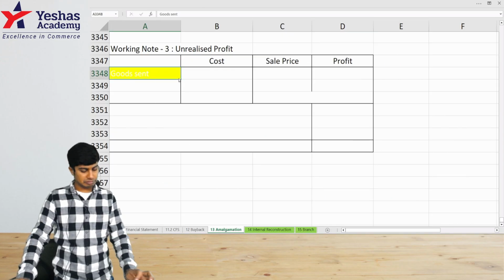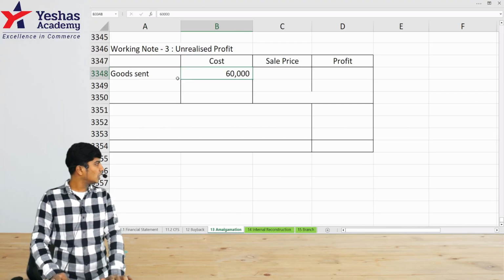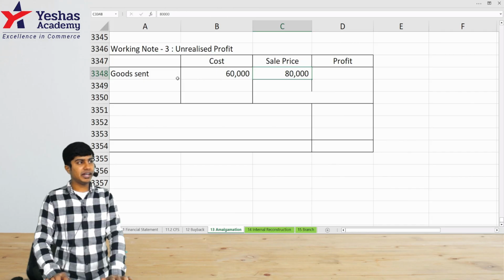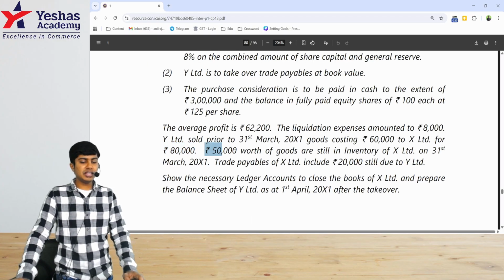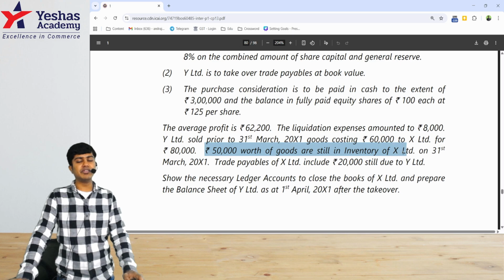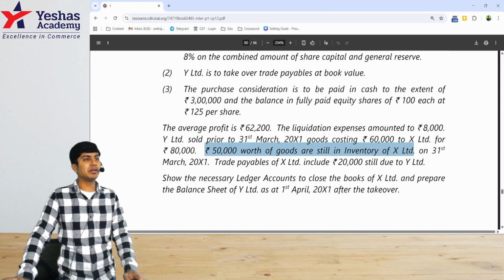Can I say goods sent is 60,000 cost, sale price 80, so profit will be 20 if all the goods are sold. Then further 50,000 worth of goods are still in inventory of X Limited. 50,000 is not cost, 50,000 is sale price. Why?